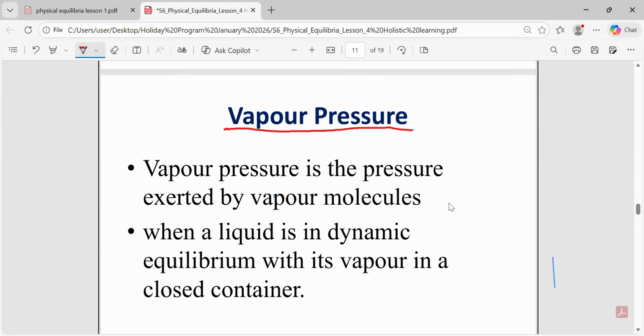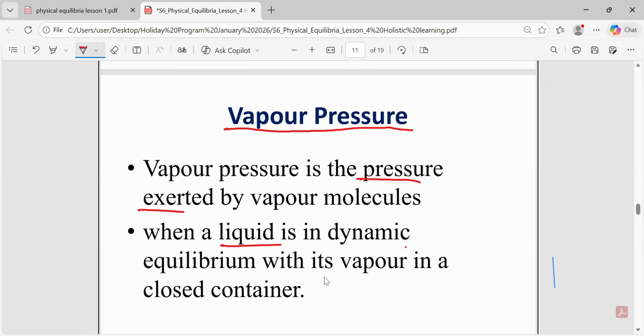liquid to solid, we can have a liquid to vapor equilibria, and now we are saying that when we come to vapor pressure, the vapor pressure is that pressure exerted by vapor molecules when the liquid is in dynamic equilibria with its vapor in a closed container.